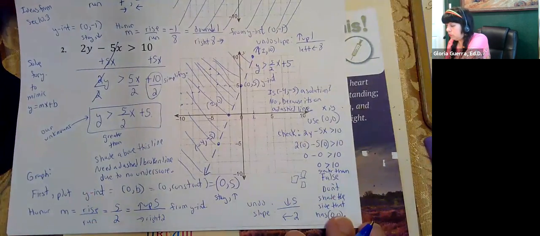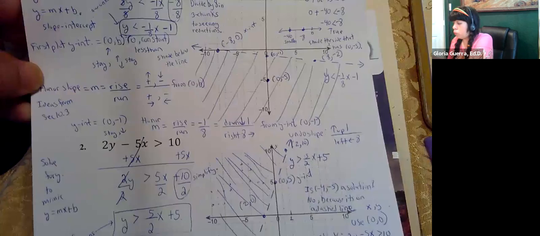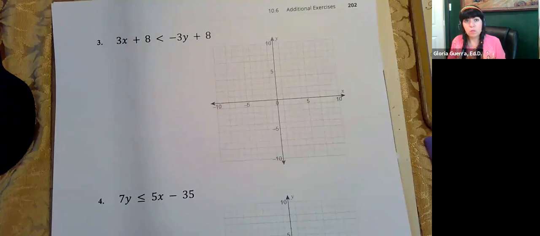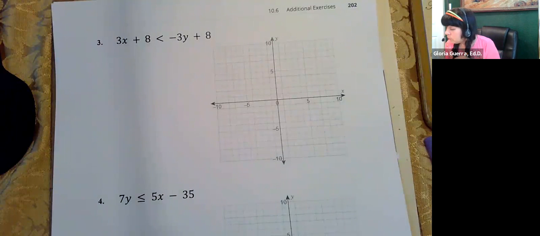All right, let's do number 3 now. The purpose of 3, I think, is just so you can practice a lot of adding opposites and moving things around, remembering that you want to solve for y.